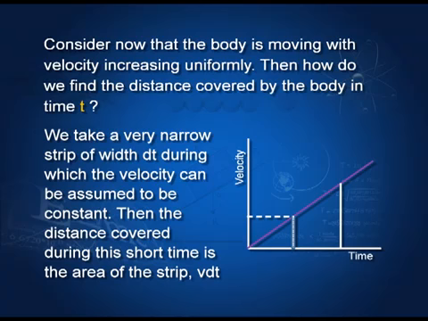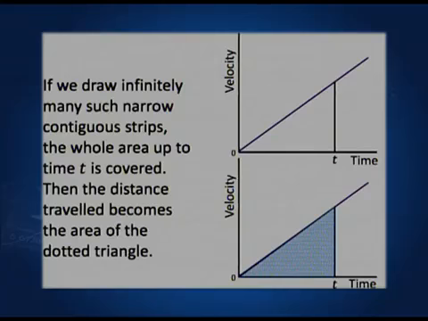We draw very narrow strips on this graph, and for a narrow strip we can assume the velocity to be uniform, and therefore, the distance covered is the area of this strip. We can erect many more strips of this kind, and if we cover all this area by these strips, then the total area would be equal to the area of these strips.